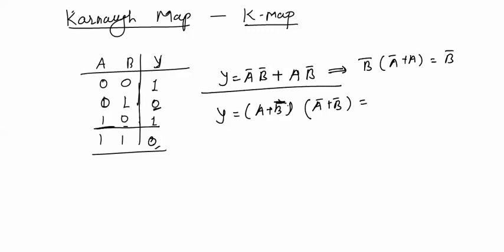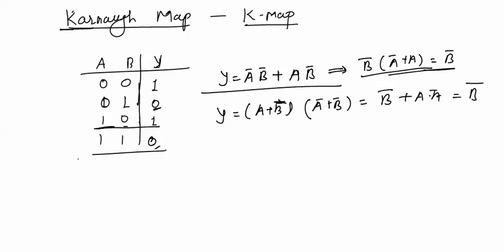In the second, B bar plus A dot A bar will again be B bar. So in both cases we are getting B bar, but for that we have to simplify applying Boolean theorems. But if we use K map for this simplification, we can get the simplified form in just one step.